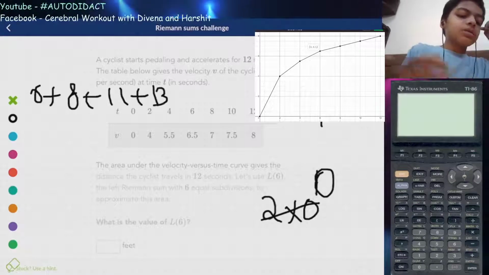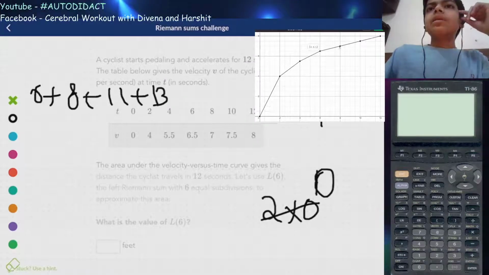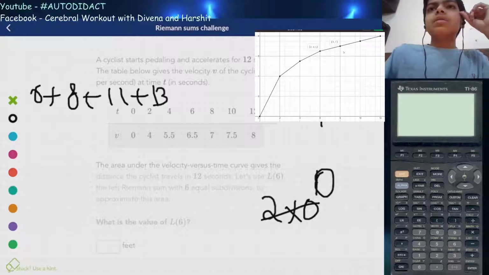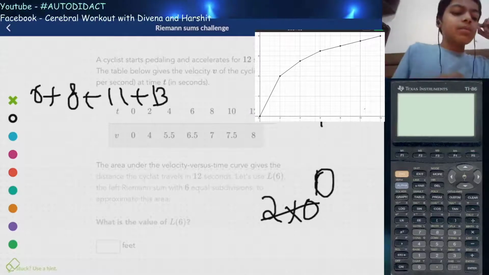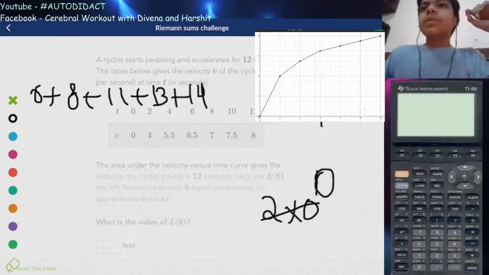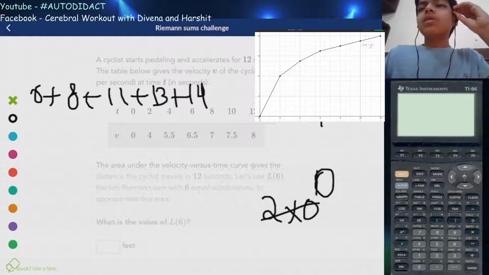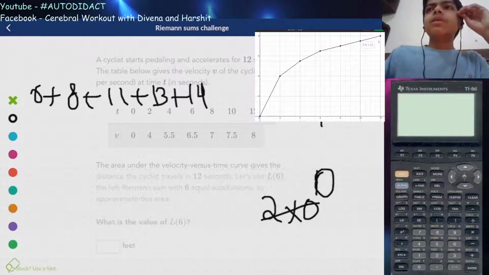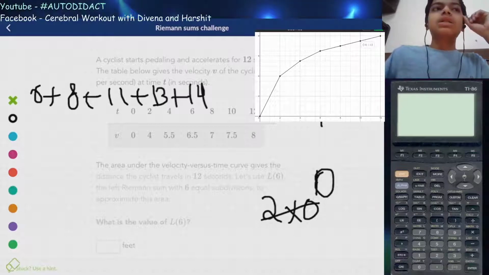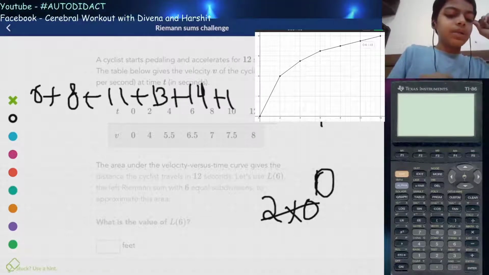We added 13 to this also, and this will be from 7 to 7.5. So this will be 7 times 2. This will be plus 14, and this is just equal to 7.5. 7.5 times 2 is equal to 15, plus 15.